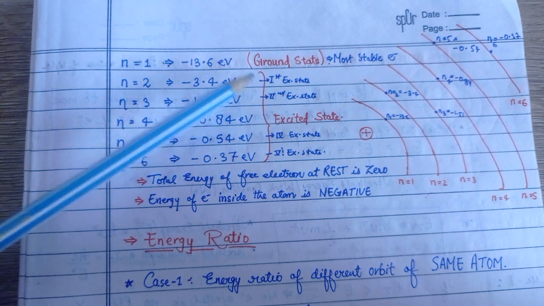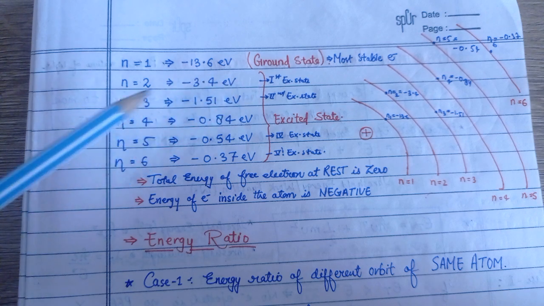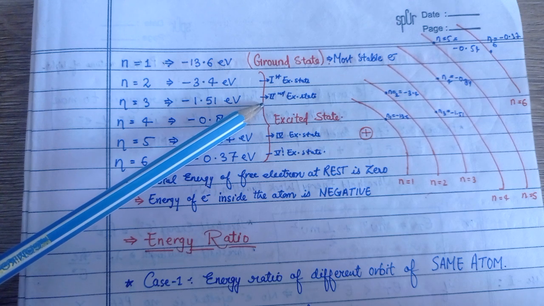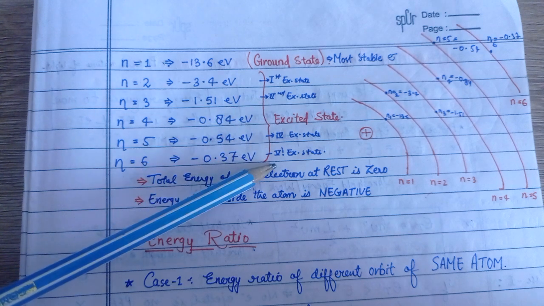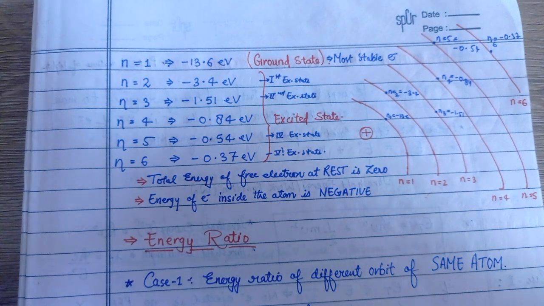If the electron is present in the second orbit, it is called the first excited state. If it is present in the third orbit, it is called the second excited state, and so on. If I say one electron is present in the third excited state, the orbit number will be 4, one higher than the number of the excited state.